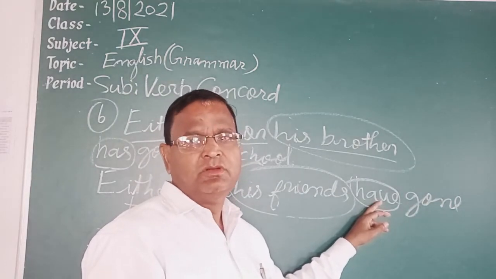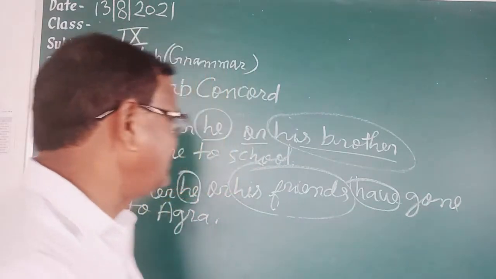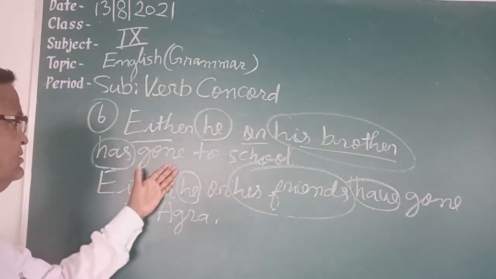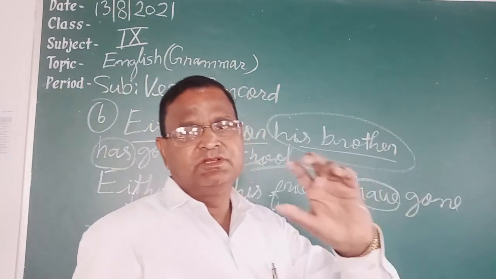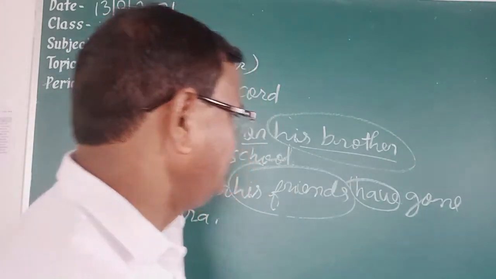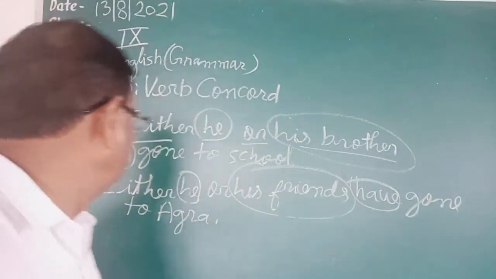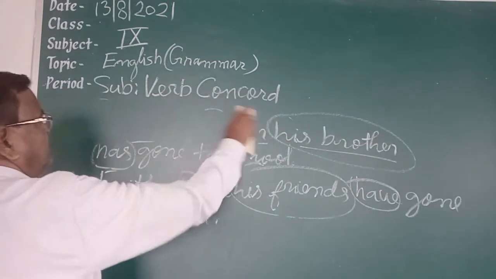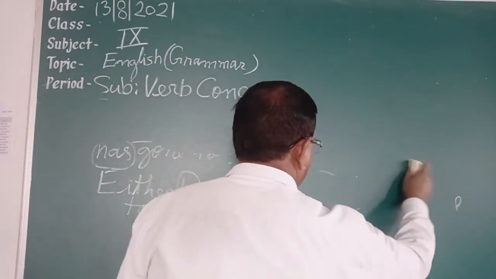This is the rule. If two subjects are joined by either, then a singular verb is followed. If one subject is plural, then a plural verb is followed. Now students, see the example of neither.